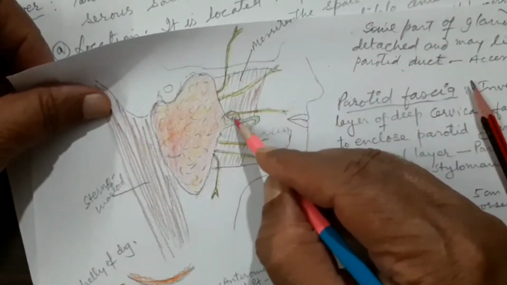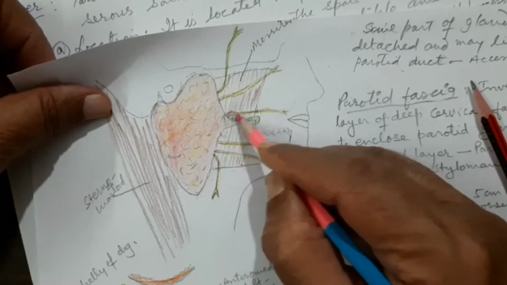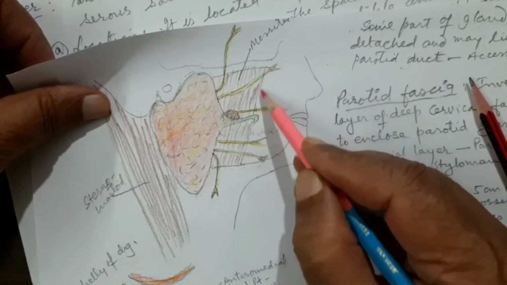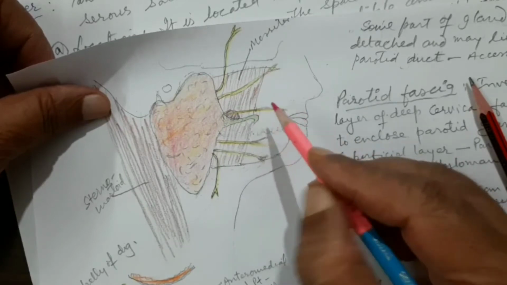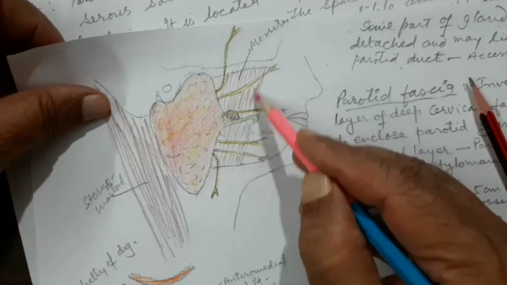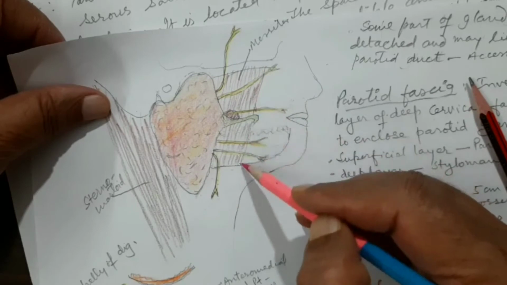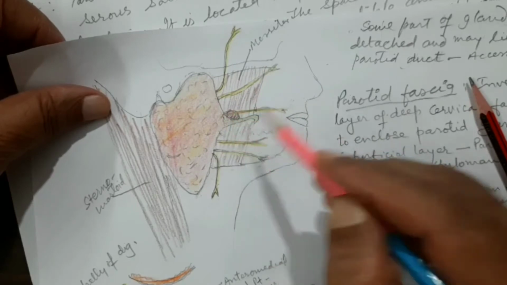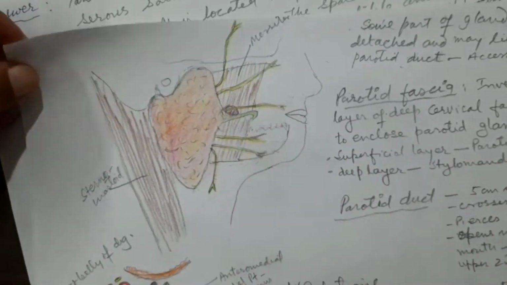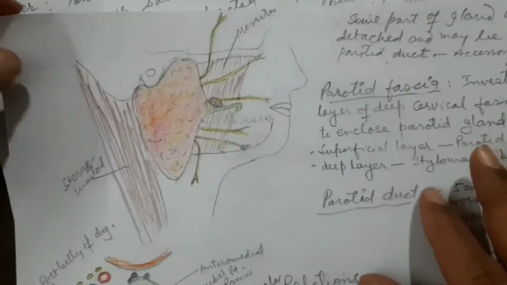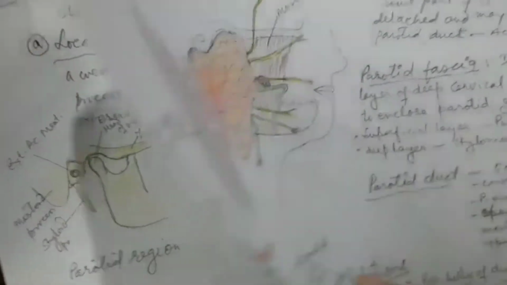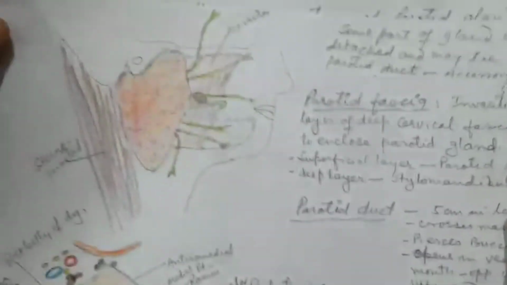This mass of the gland lying onto the duct, and this is the parotid duct, which goes deep inside the oral cavity by piercing the buccinator muscle, just at the anterior margin of the masseter muscle. This is the masseter. So onto the top of the duct, lying on the masseter, is a small mass, not always seen, sometimes seen, called the accessory parotid gland, because it is an accessory gland, not the main mass.